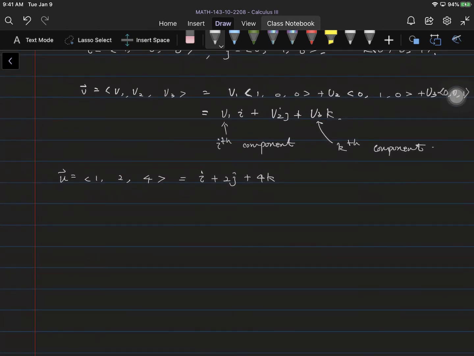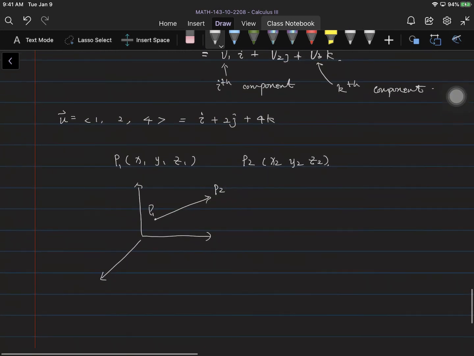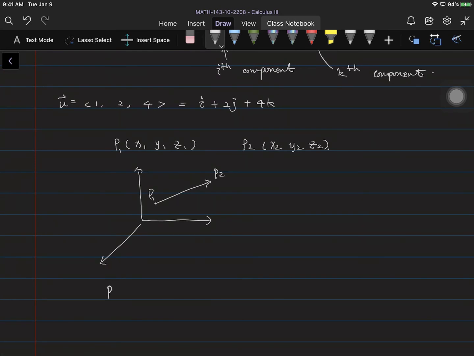Now let's take a look at the vector between two points. We have 2 points, P1 with coordinates x1, y1, z1, and P2 with coordinates x2, y2, z2. They are the coordinates for the points, right? And if we want to find the vector P1P2, let's see how to write it down.